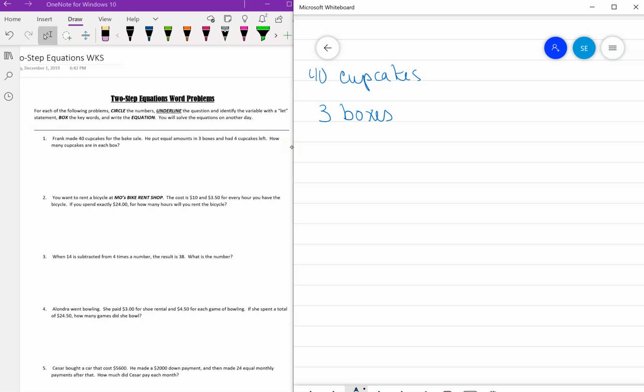Okay, so these 3 boxes have equal amounts. Oops, I forgot I'm not supposed to write cursive. Equal amounts. And then he had 4 cupcakes left over.